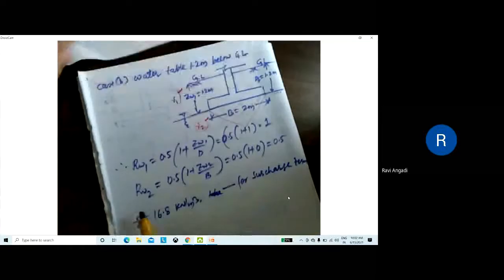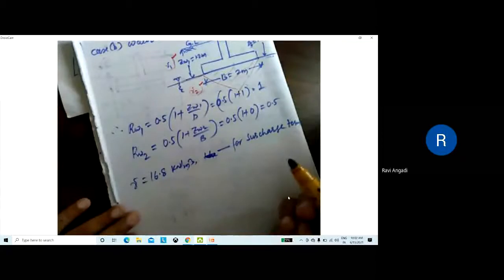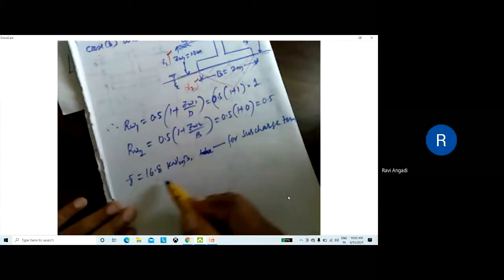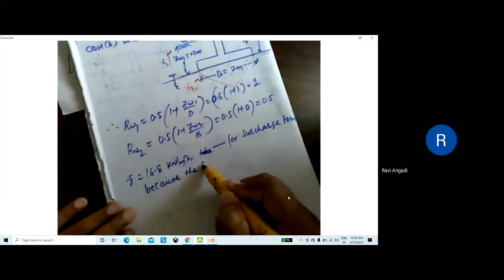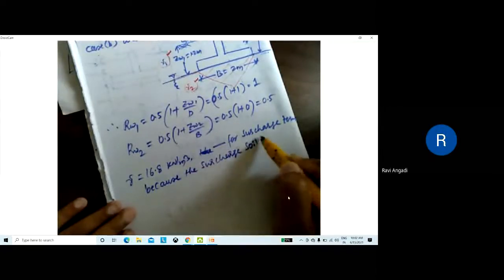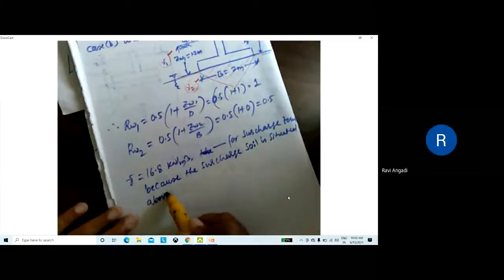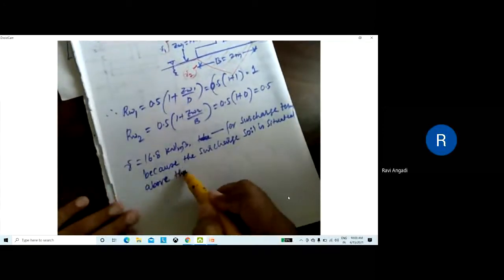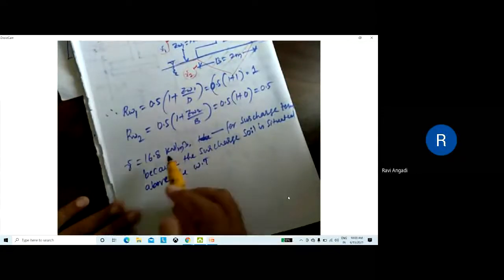Then directly you have to take gamma as it is. Why? Because the surcharge soil is situated above the water table. Understood?